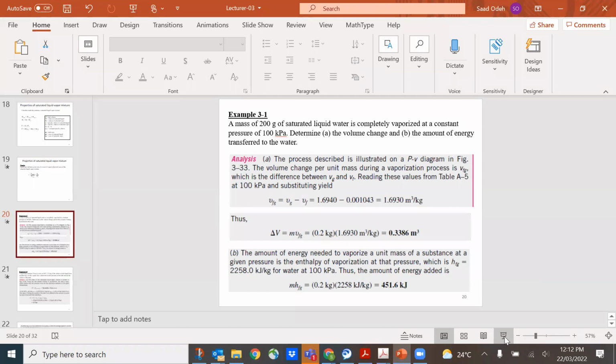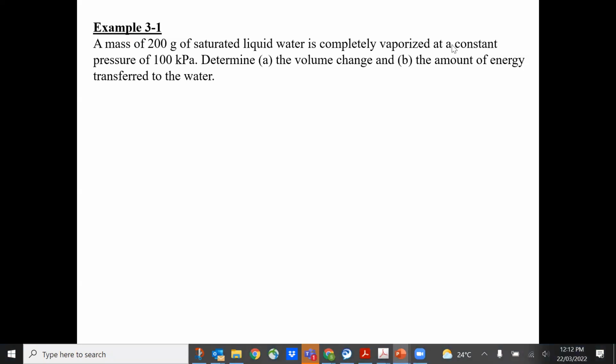Okay, so now this question relates to the tables as well. We have a mass of 200 grams of saturated liquid water. So now we know the mass. The best thing when you solve any question in engineering, thermodynamics or heat transfer, is to put all the information in front of you. So M is 200 grams, and then pressure, saturated liquid.